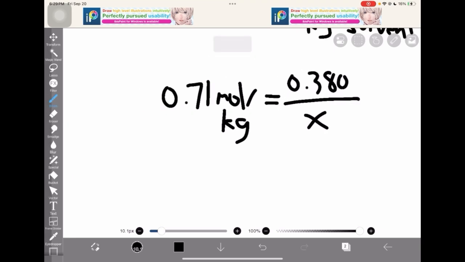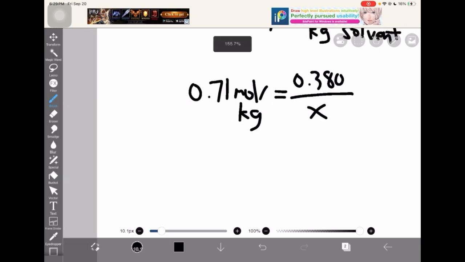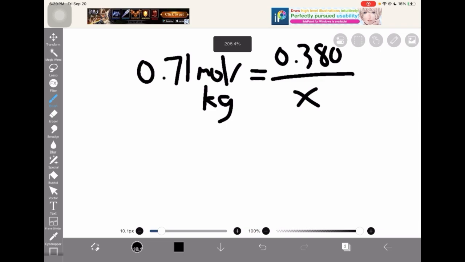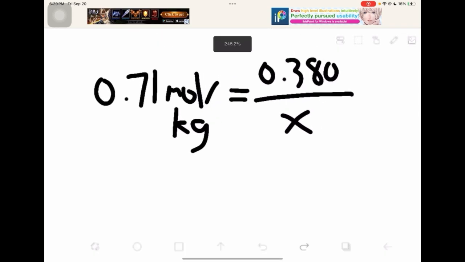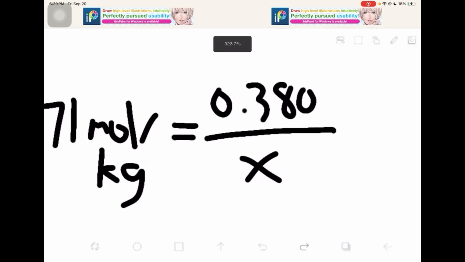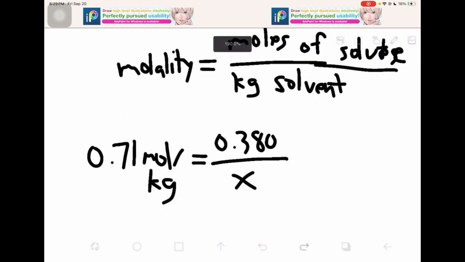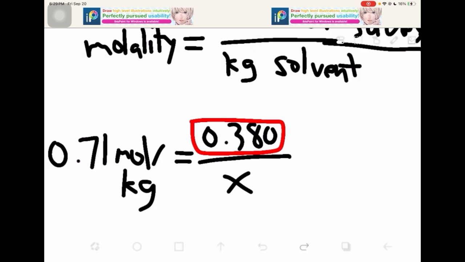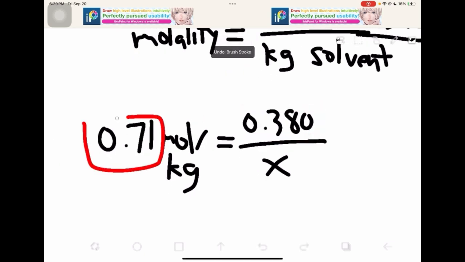And this one is actually even simpler than the other one because we don't need to cross multiply for this one. We actually need to divide this time. So you do not want to get this mixed up: we want to divide the moles of solute by the molality, just the raw values.